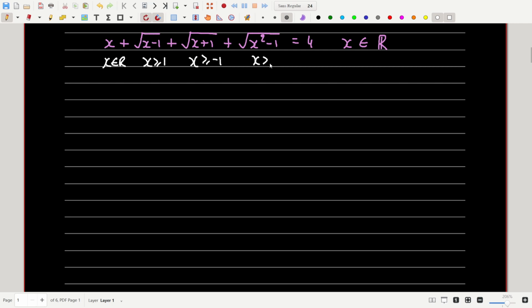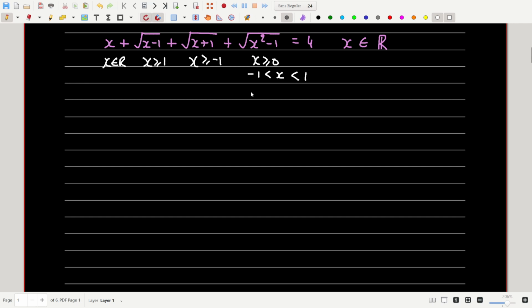So x has to be greater than or equal to 1, because if x is greater than minus 1 but less than 1, then this number is negative, and under root of x square minus 1 is negative. So x has to be greater than or equal to 0. So we have four conditions here, and we have to find the common or the intersection of these four conditions.